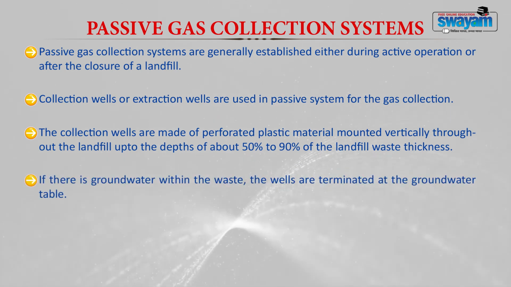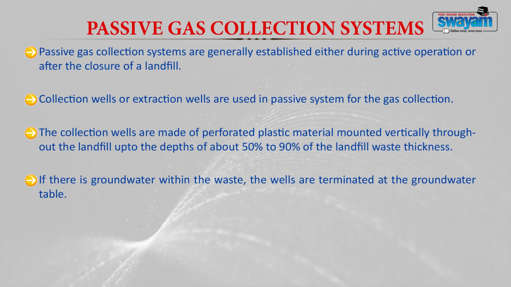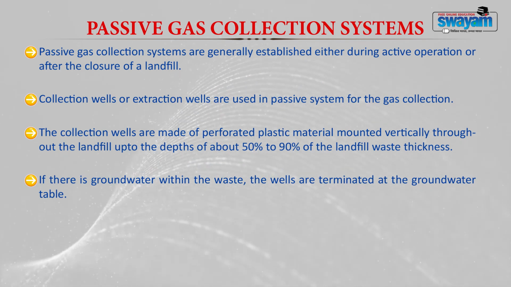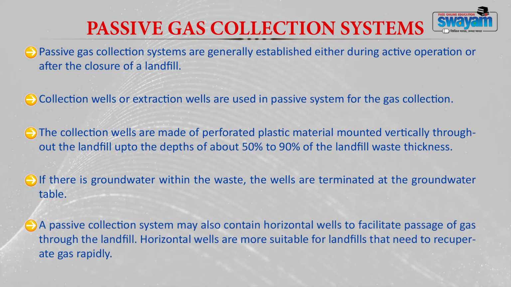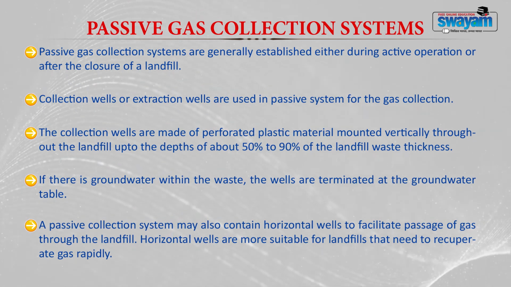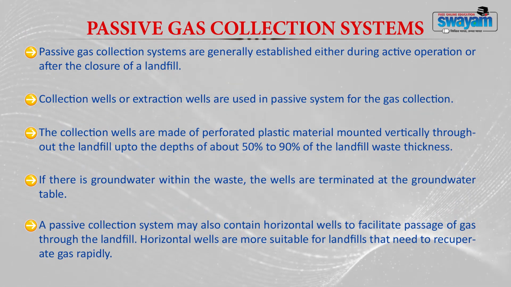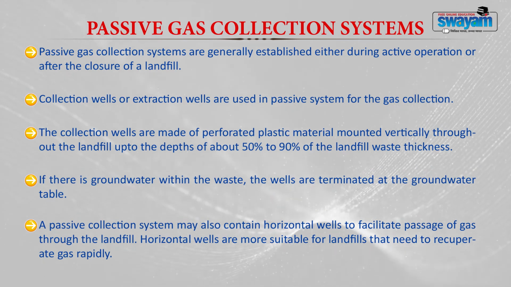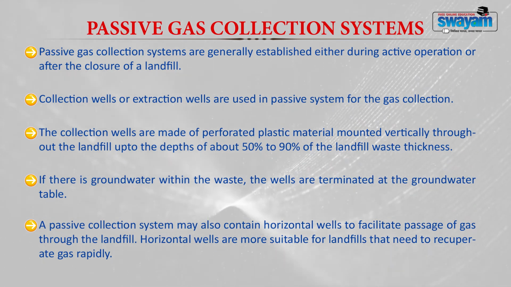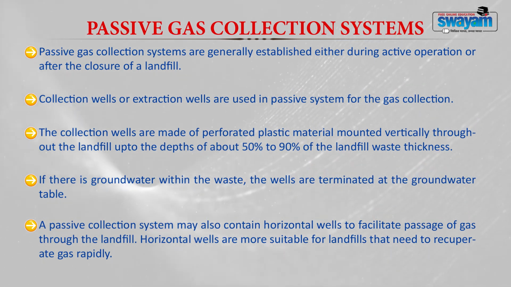If there is groundwater, the wells should be terminated at the groundwater table. These passive collection systems can also contain horizontal wells to facilitate passage of gas through the landfill. These horizontal wells are more suitable when you need to recuperate gas rapidly.